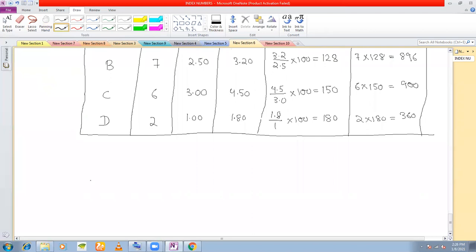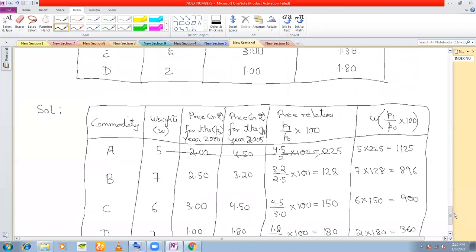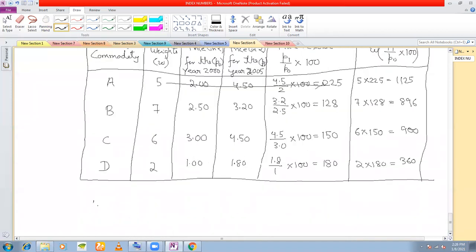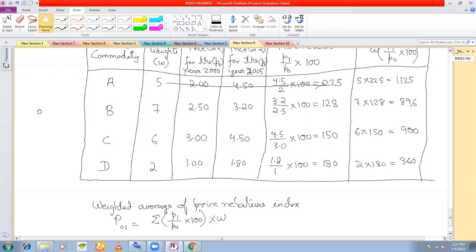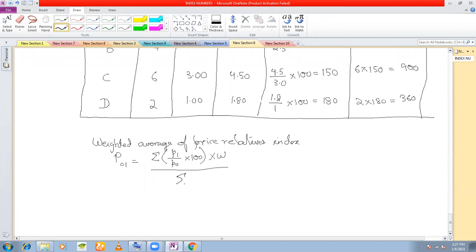Okay. Next, let us see the formula first, and then we'll see what can be done. So the formula is the weighted average of price relatives index, P01. The formula in this case is summation of P1 by P0 into 100 into W whole divided by summation W. This is your formula for this method.